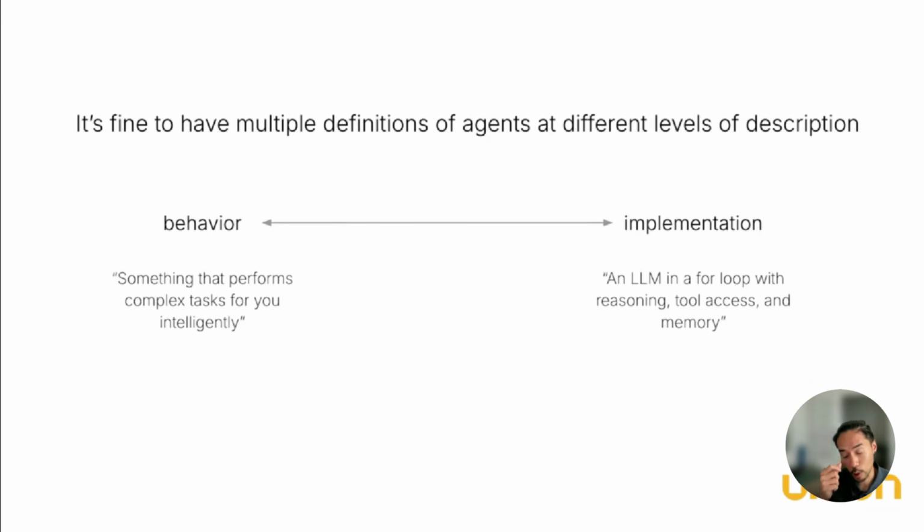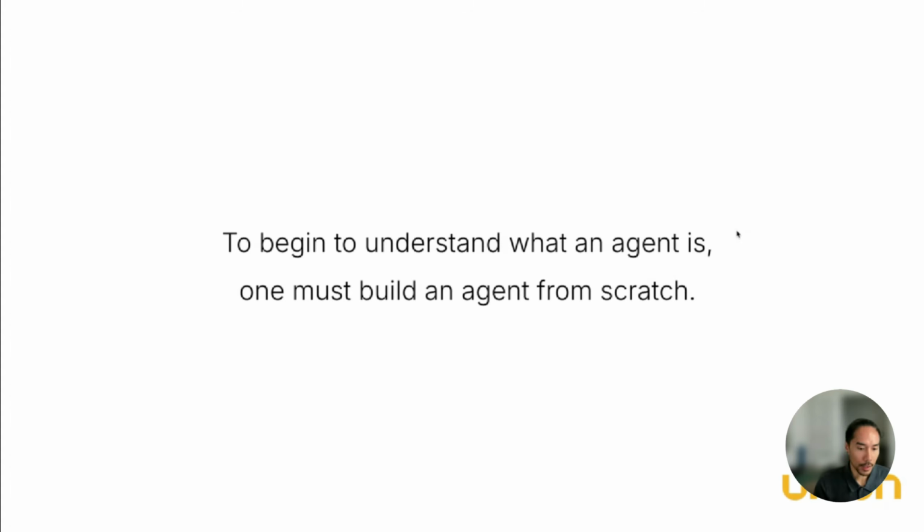Closer to hinting at implementation details is the Anthropic definition, which is basically an LLM in a for loop with maybe some reasoning and planning capabilities, access to tools so that it can grab data and do actions in the environment, and maybe some memory, short-term or long-term. And I guess the point of this talk is that to begin to understand what an agent is, one must build one from scratch.